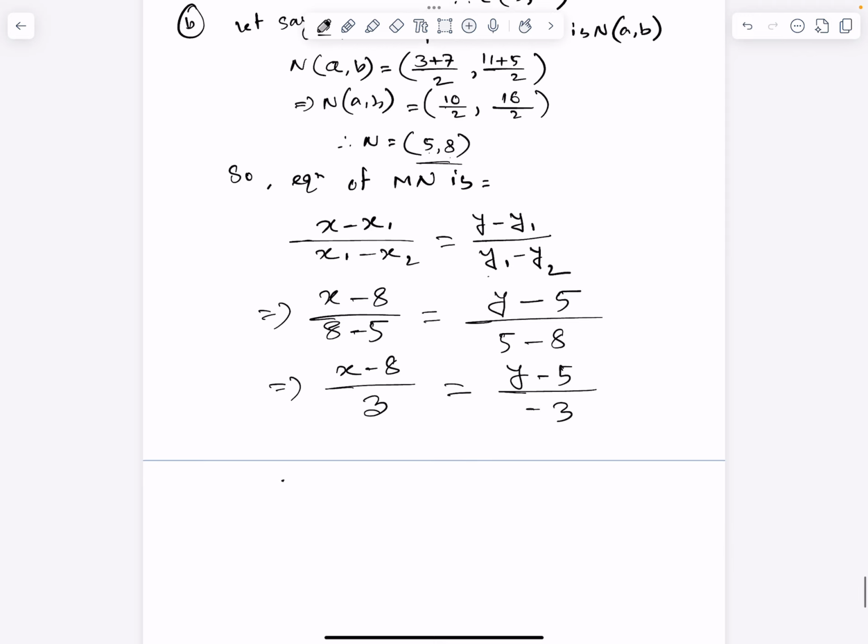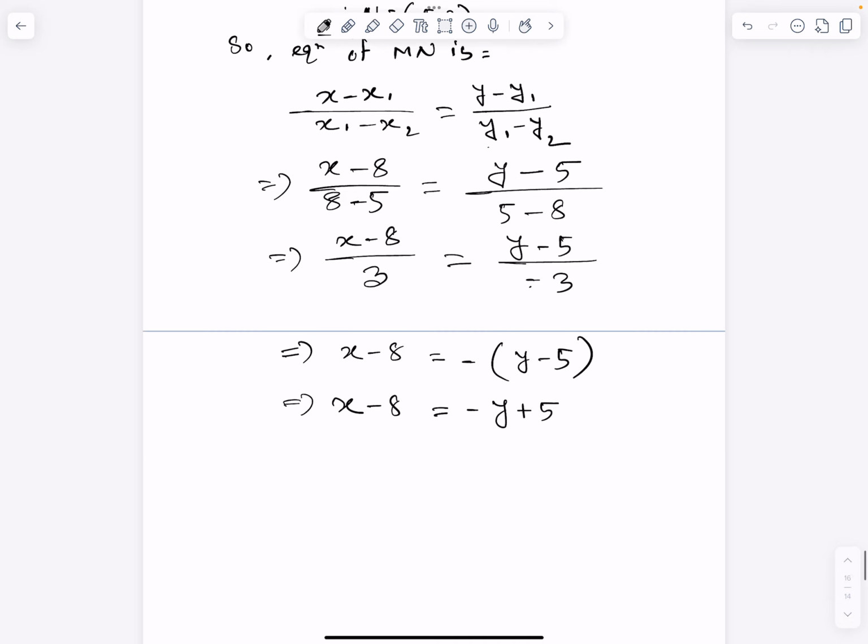So what we can do, we can multiply by 3 on both sides, and we will get x minus 8 here and minus (y minus 5) here. So we can write x minus 8 is equal to minus y plus 5.